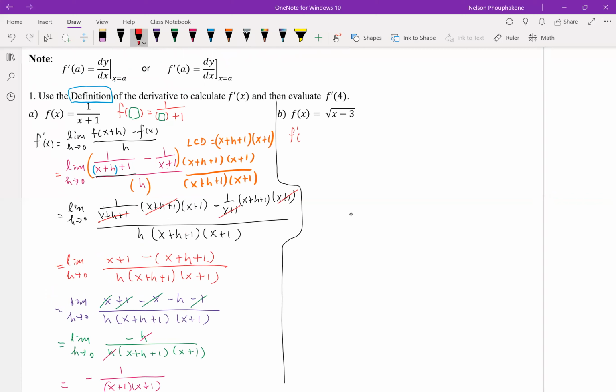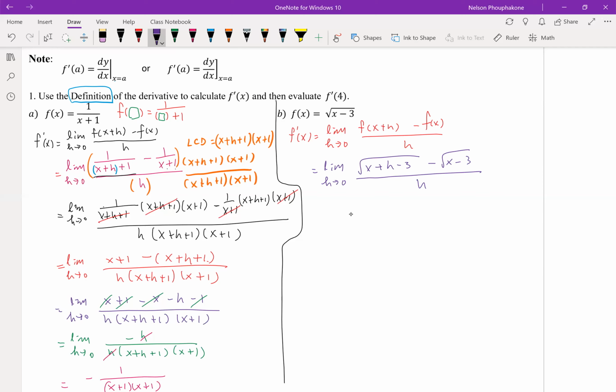So I would like to find f prime of x, which is equal to the limit as h approaches 0 of the square root of x plus h minus 3 minus... let me set it up first. f of x plus h minus f of x over h, which is the square root of x plus h minus 3 minus the square root of x minus 3, over h.